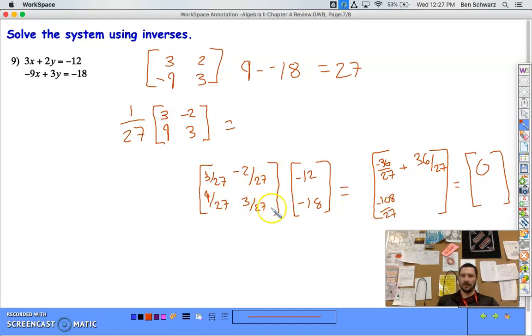And then 3/27 times -18, so that's negative 54, I believe, 27ths. So -108 minus 54 is -162 over 27. And when we divide, we get an answer of -6. So the answer here is 0 for x, -6 for y.